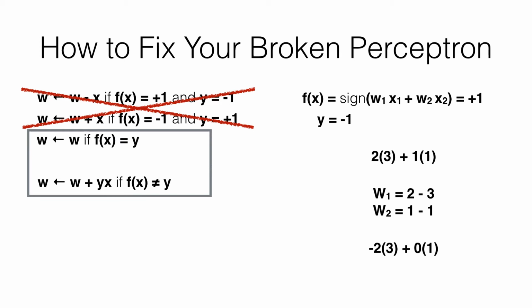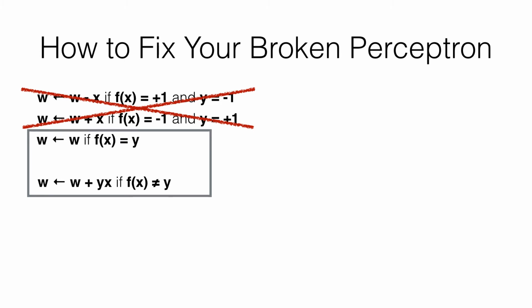So if some W can correctly classify all of your data, then if you run through your data enough times, you will eventually get to a setting of W that correctly classifies all your data.